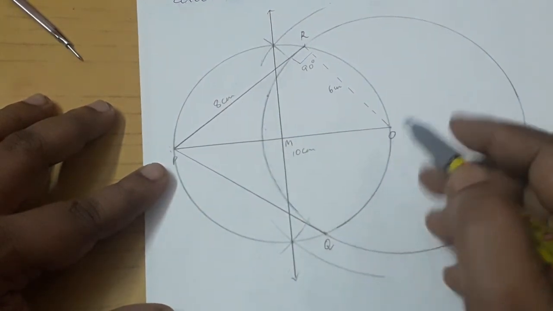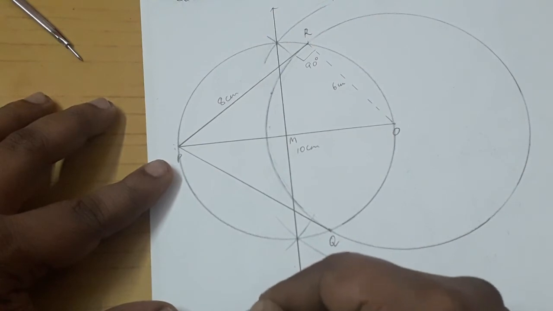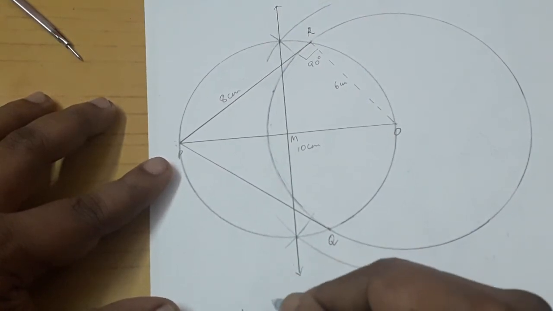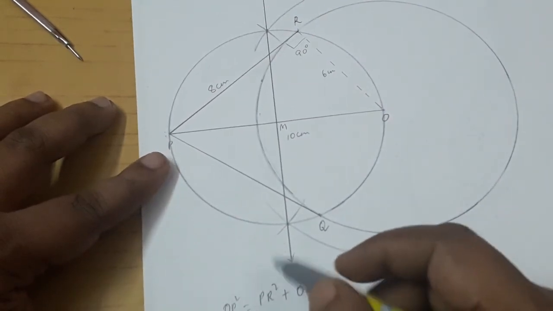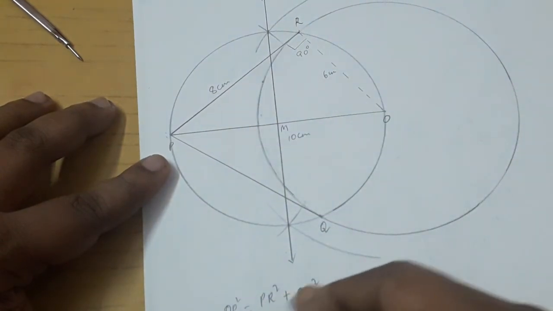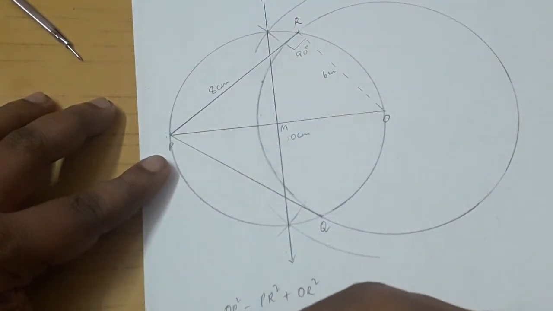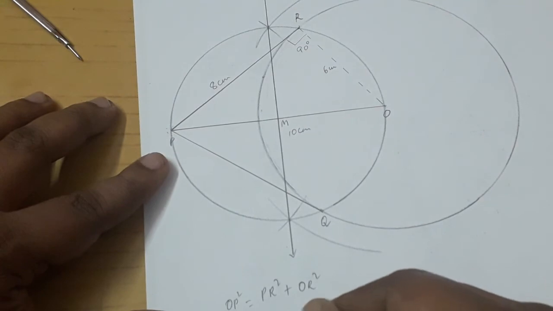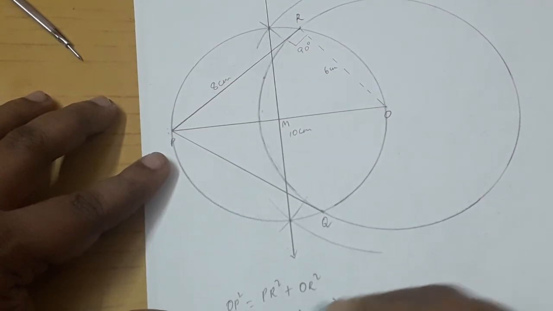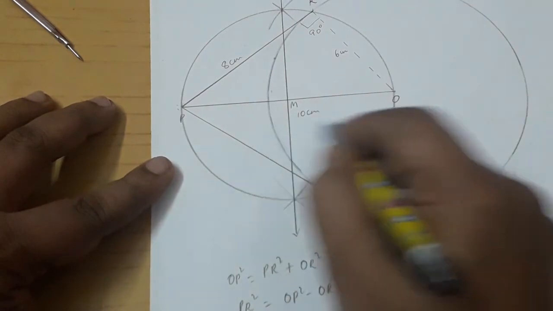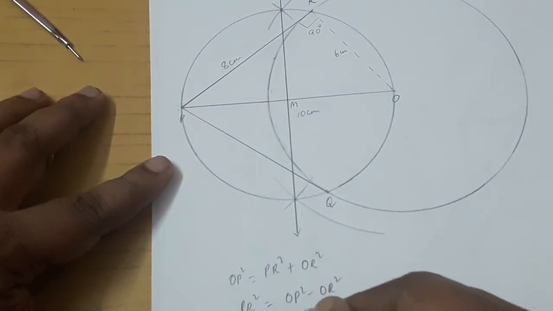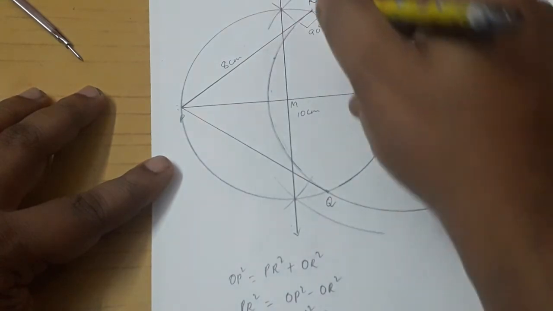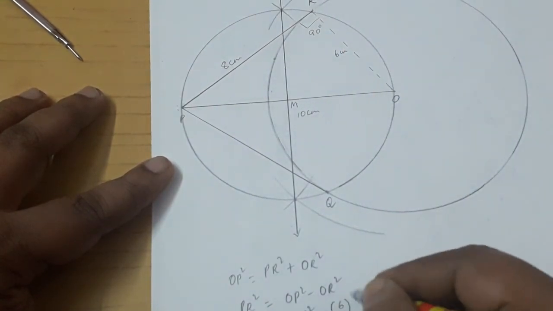So OP square should be equal to the sum of PR square plus OR square, and if you want to find out PR square, we keep PR square here, and this will become equal to OP square minus OR square. OP is given to us as 10 centimeters, so 10 square minus OR, which is the radius, given to us as 6 centimeters.